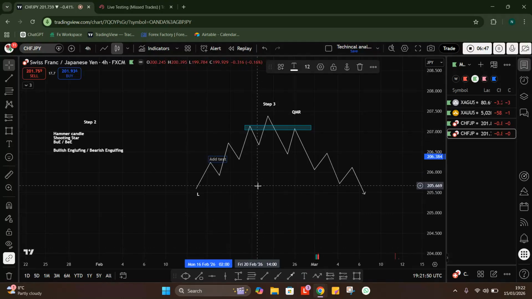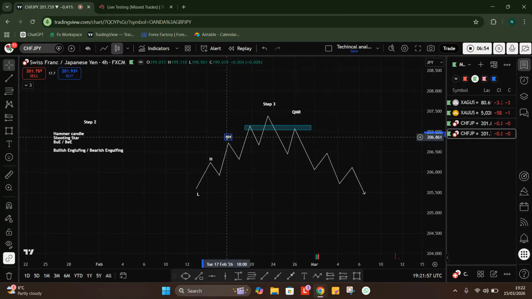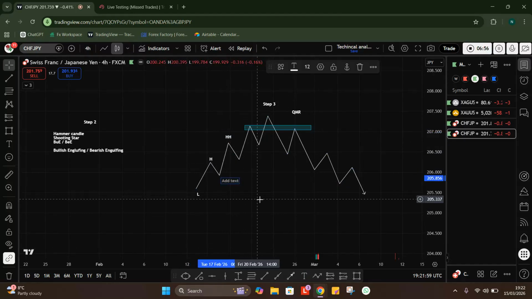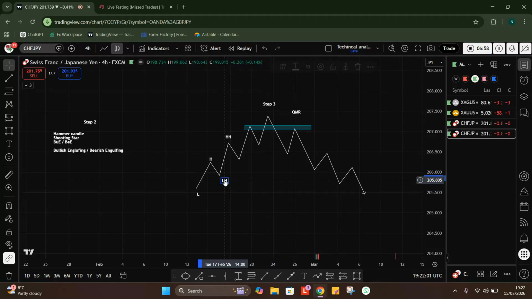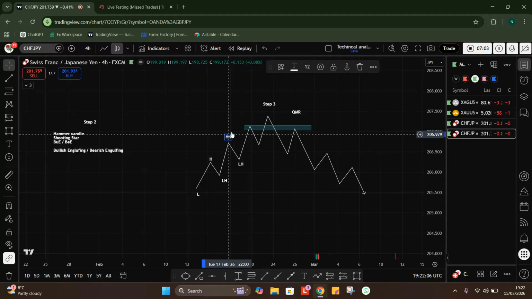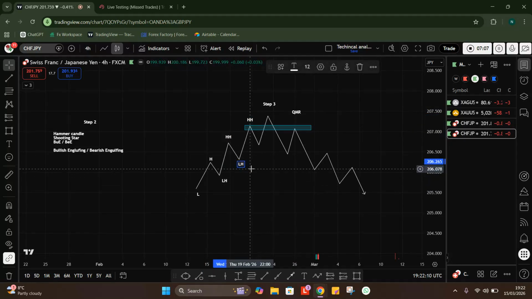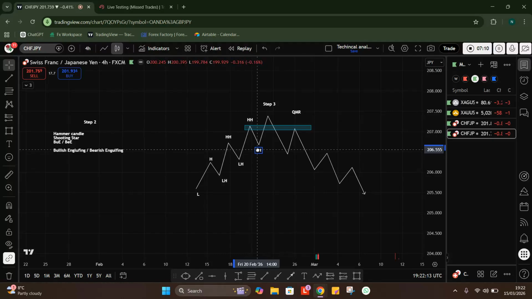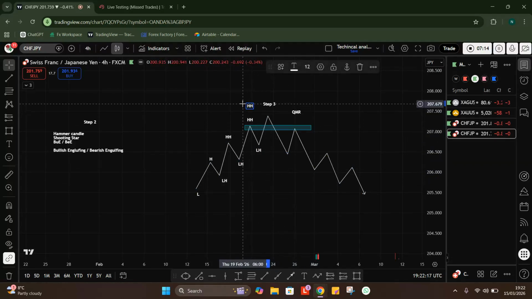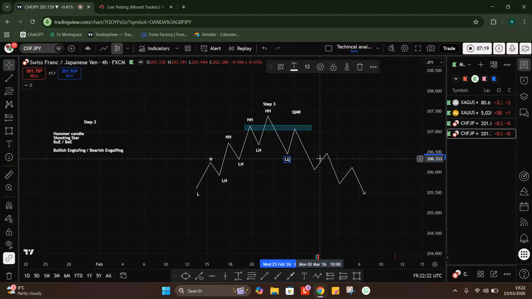So low, high, let's see, higher high, lower high, and then okay, and then again, I forgot, higher high, and then you're getting the lower low.